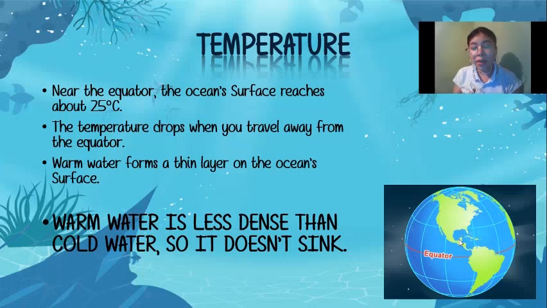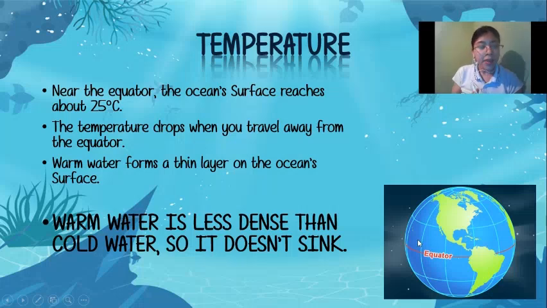When we become closer to the equator, the water will be hotter. For example, if we are here in Central America, the water will be hotter than the one here in Greenland. So that is how the temperature is going to change depending on location.